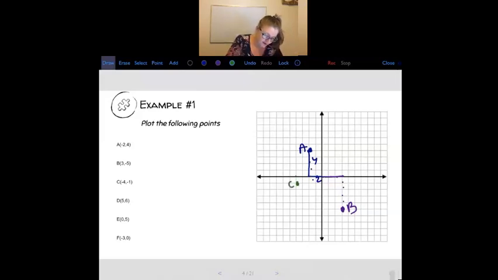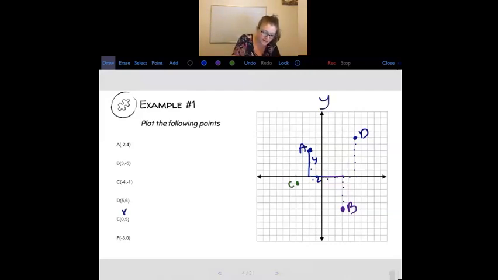Point D is 5, 6, so we go 1, 2, 3, 4, 5 in the positive x direction, and then we'll go up 6. 1, 2, 3, 4, 5, 6. Point D. E is 0, 5, so when x is 0, that means you have no horizontal change. This point is going to be on the y-axis.